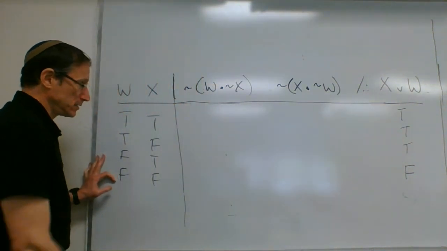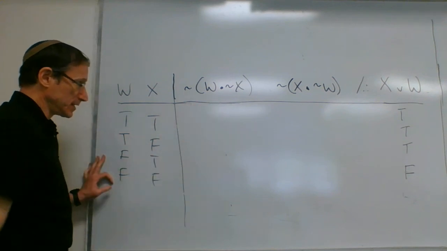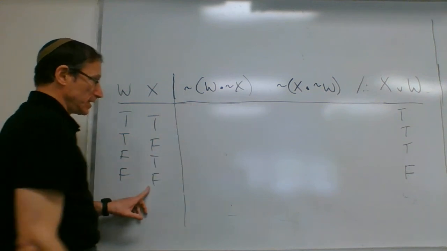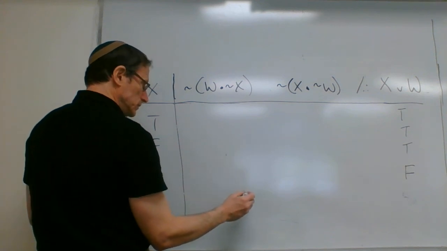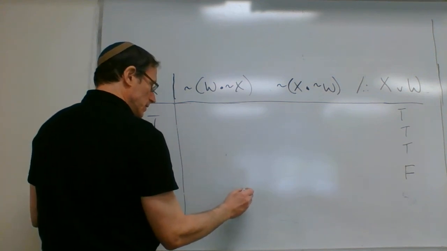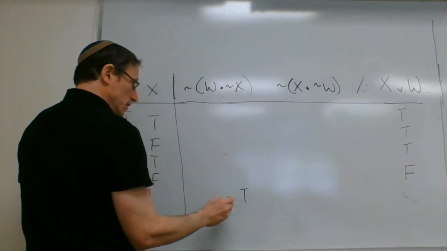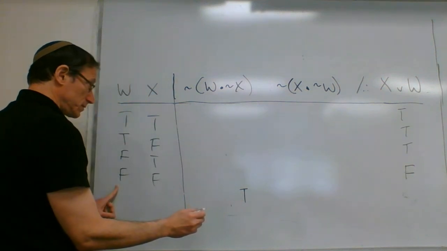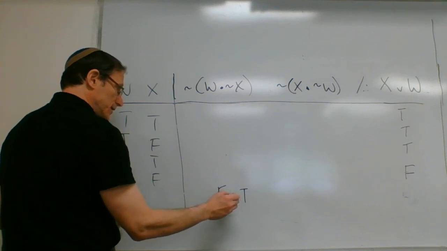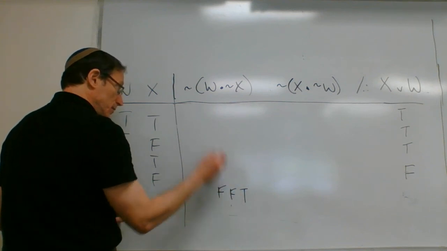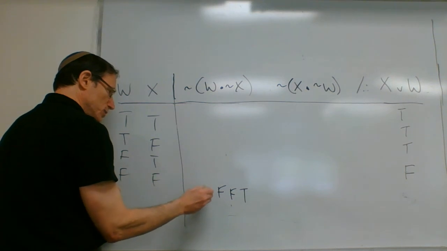So not parenthesis W dot not X. Let me do this carefully. I'll do the not X first, which is true. The W over here is false, right? W is false, so the dot comes out to be false, but then the tilde comes in and makes that true.